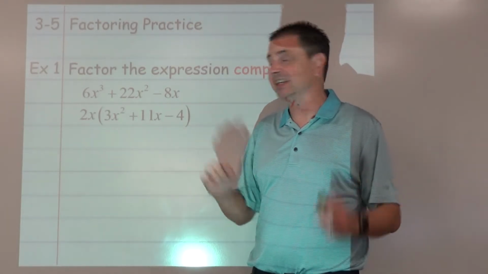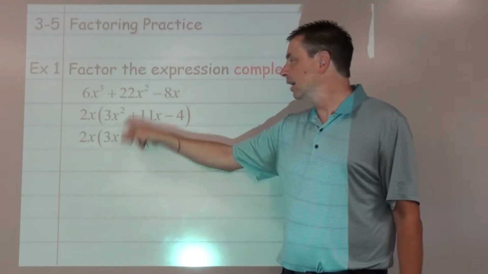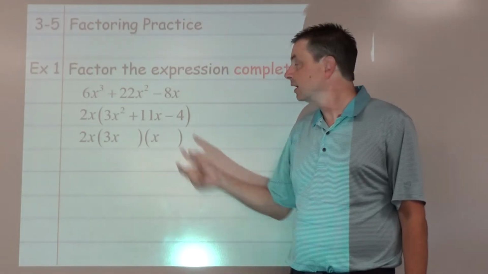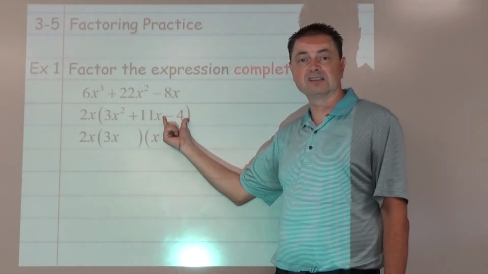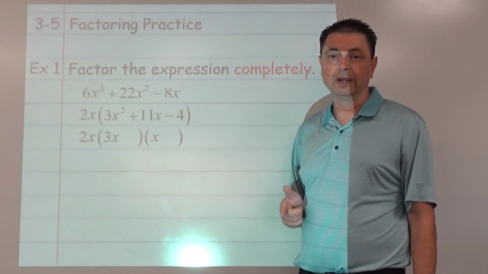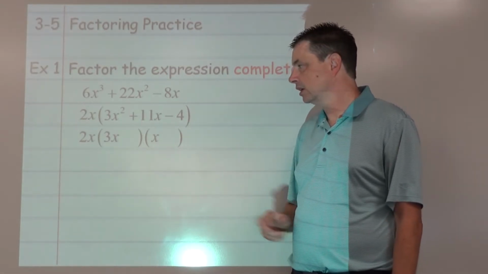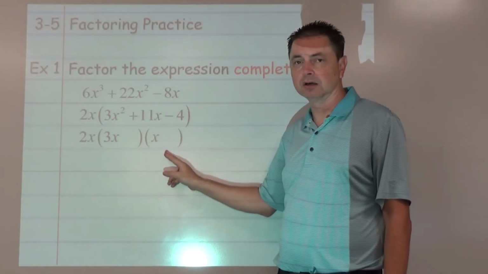We need an x in each, so it's a 3x and a 1x. That makes 3x squared. Now let's think of different ways of multiplying and getting negative 4. We've got 1 and negative 4, 2 and negative 2. So we're going to see what works here.